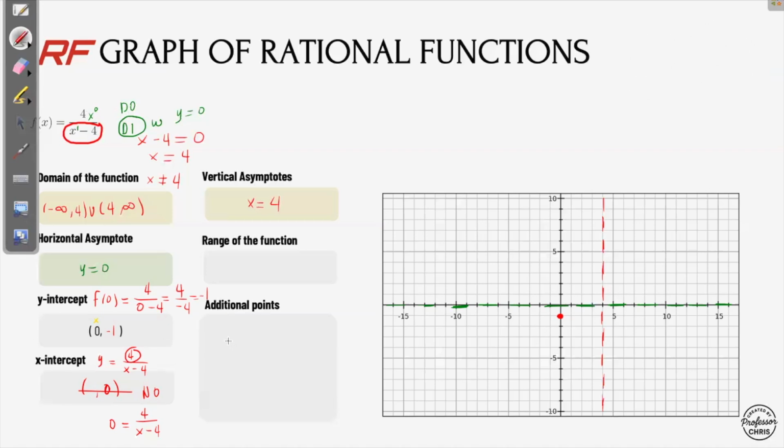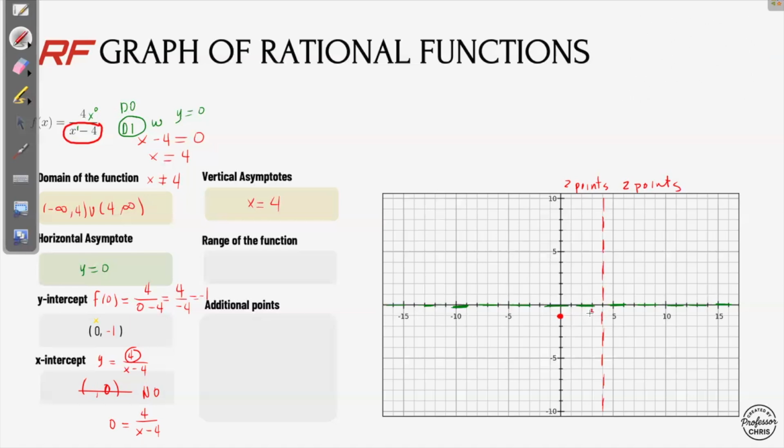If you want to find some additional points, let's try to think of 2 points on each side of the vertical asymptote. 2 points on this side and another 2 points or coordinates on the other side of the vertical asymptote. So what are the options here?